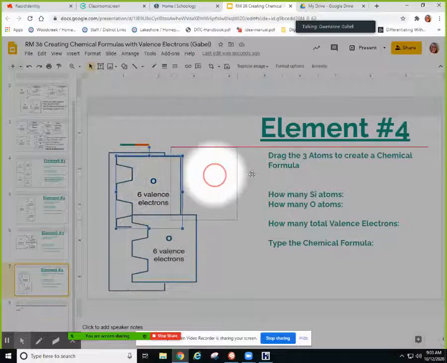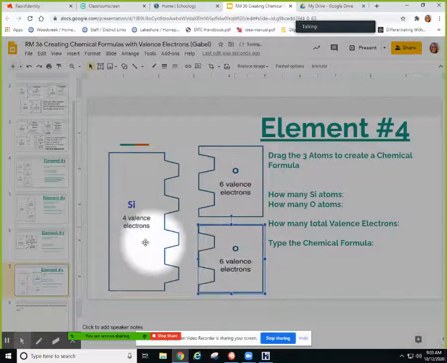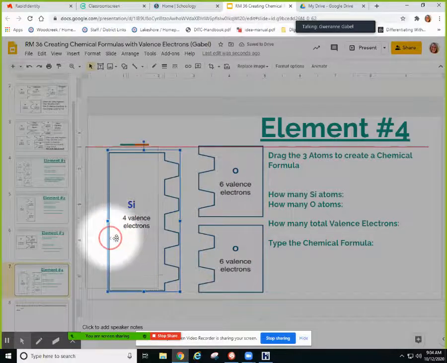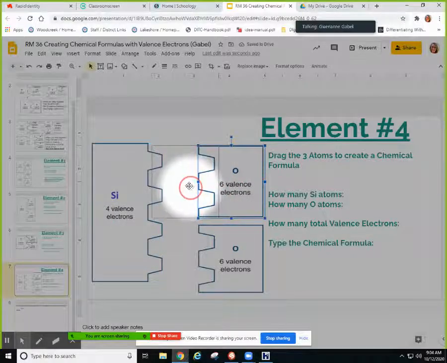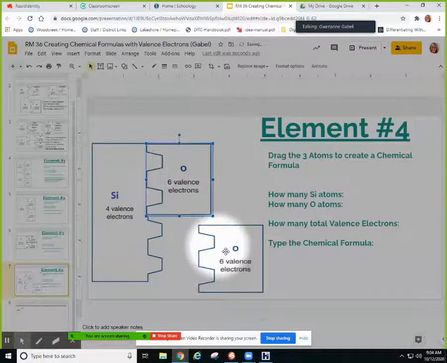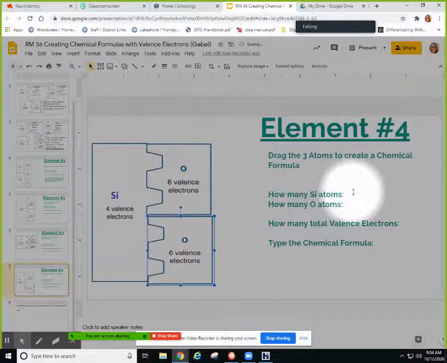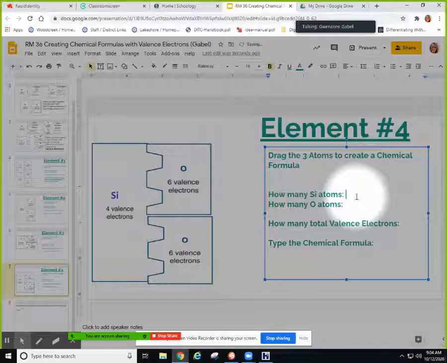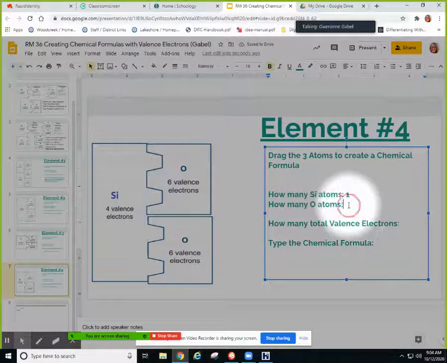Element 4. So we have silicon, which has 4. It's going to give 2 to this oxygen, and it's going to give 2 to this oxygen. So we have 1 atom, 1 puzzle piece of silicon, and we have 2 puzzle pieces of oxygen.